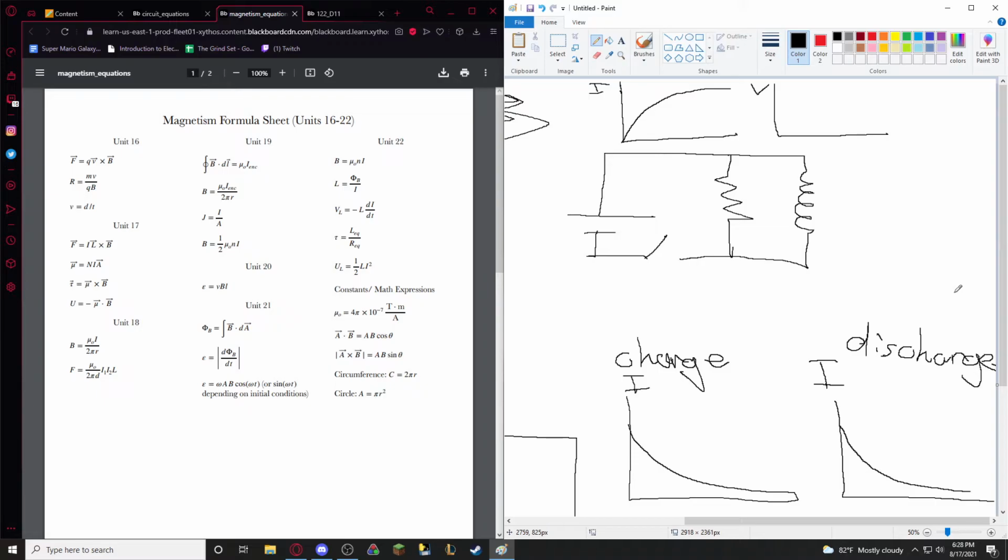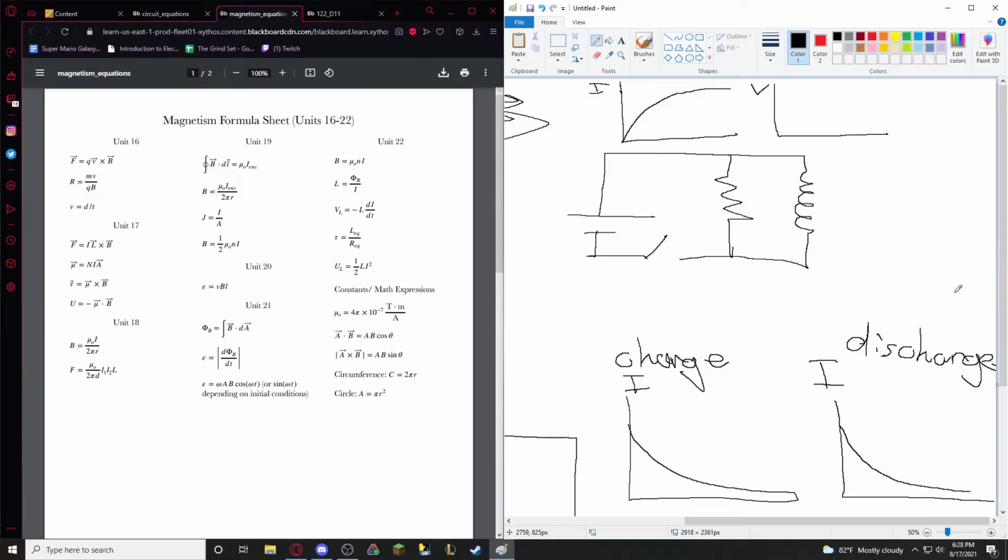I know it's a derivative. What is a derivative? A change. Exactly. It's the change in current. You're overcomplicating it. So it's based on the change in current over time.